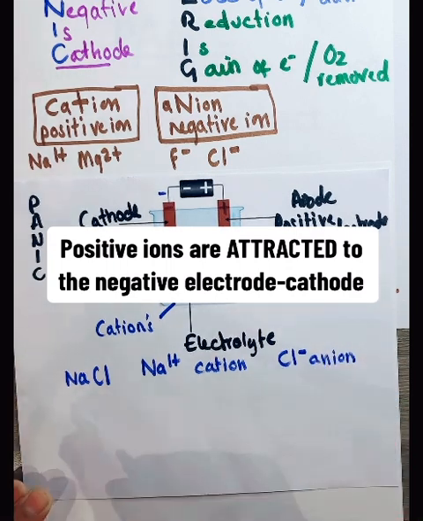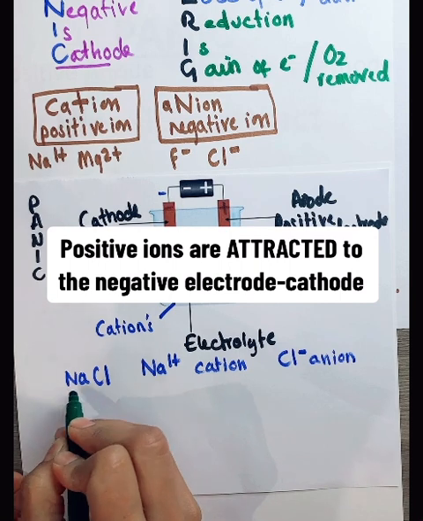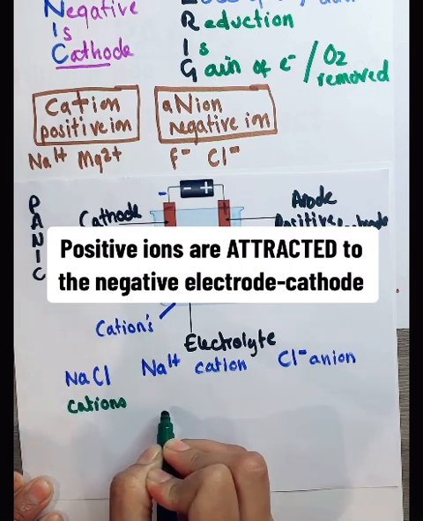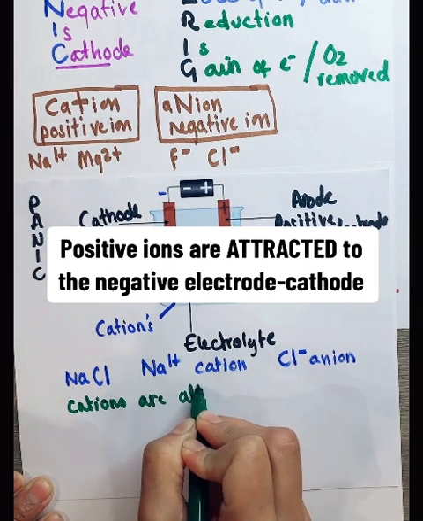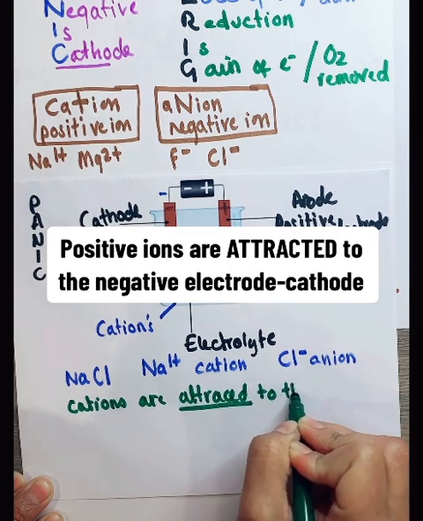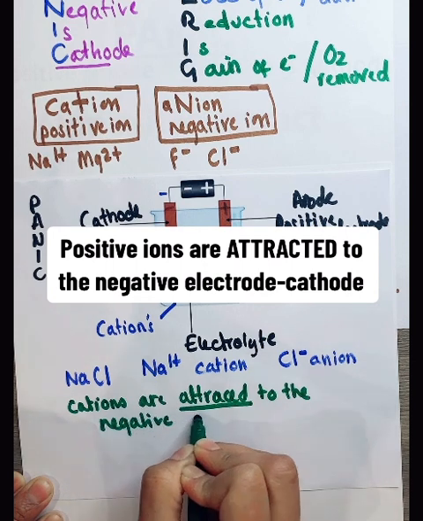So you will have to describe what happens during electrolysis, and you need 2 sentences. Once the power supply is on, you can say the cations, or you can say the sodium ions, positively charged ions, are attracted to the negative electrode.